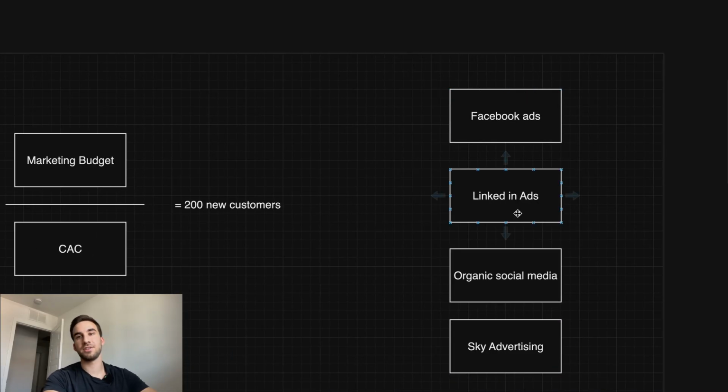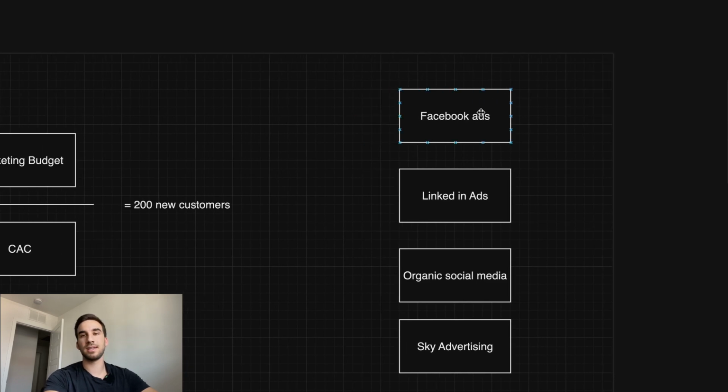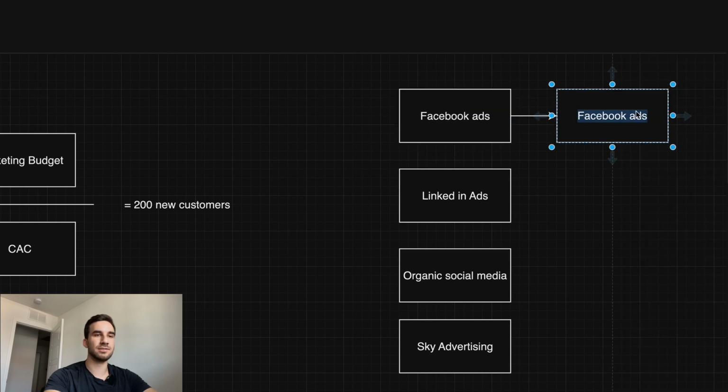And so for each of these different channels, what we need to do now is calculate the customer acquisition cost. So let's say for Facebook ads, we're going to spend $200 and let's say we get 10 customers.